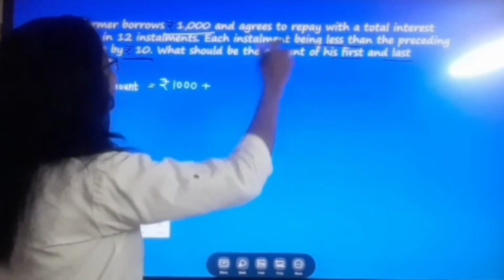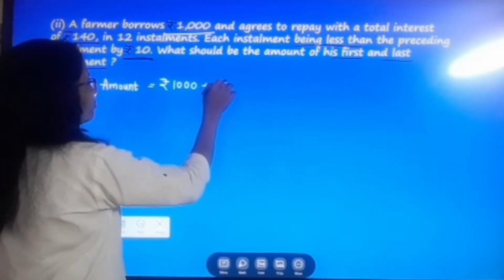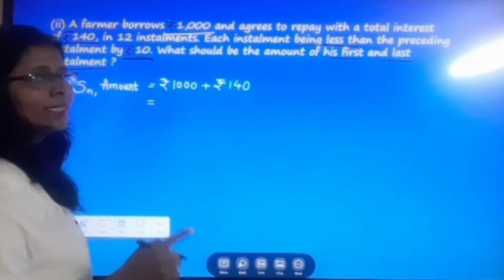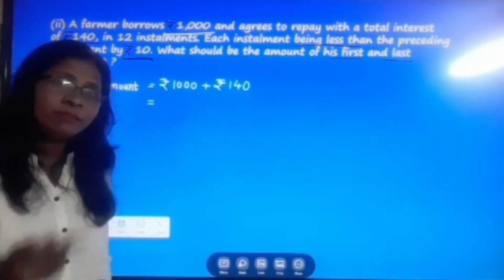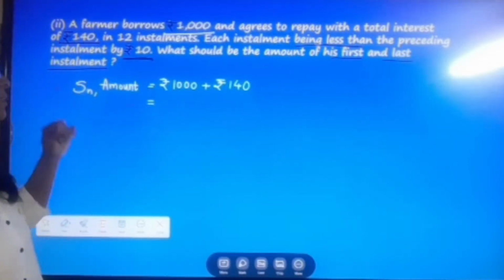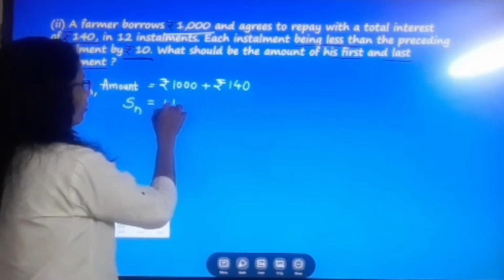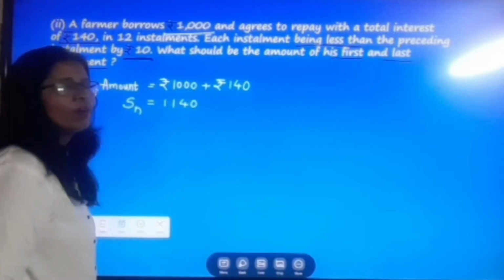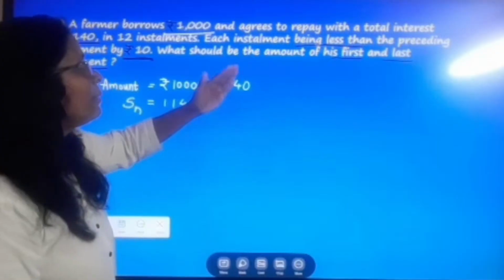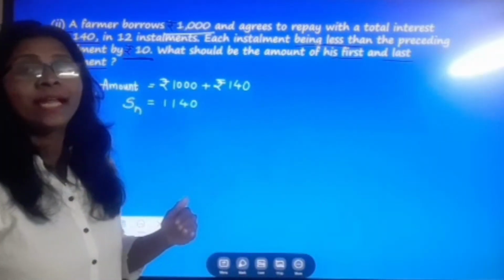But there is also a total interest of rupees 140. So we add up these two, the borrowed amount as well as the interest. That will be the value of SN, so here 1140.